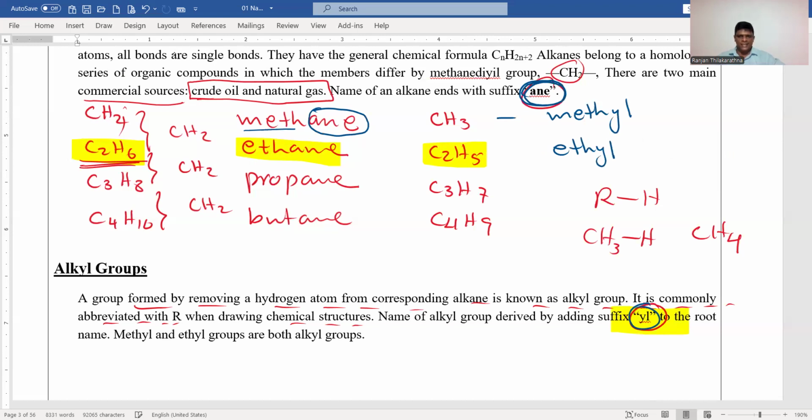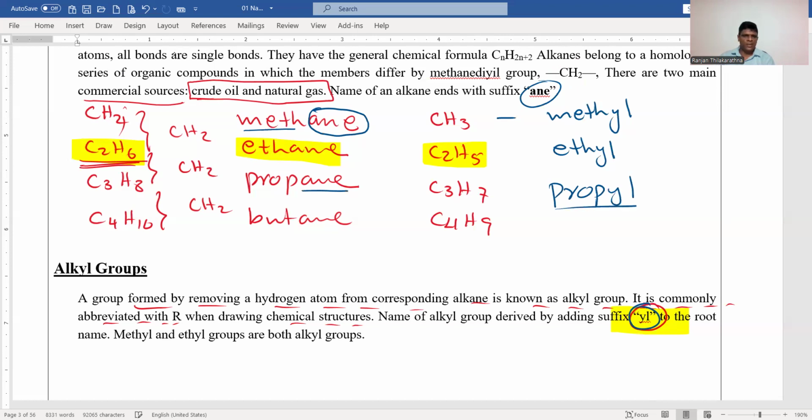C3H8 is propane, you remove that n, and add YL, then it will be propyl.